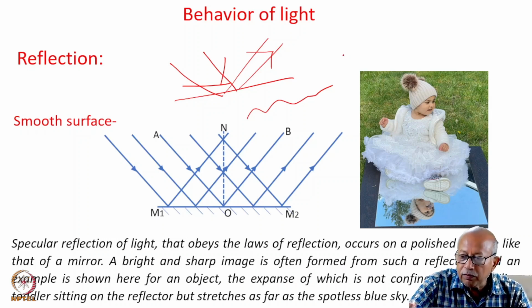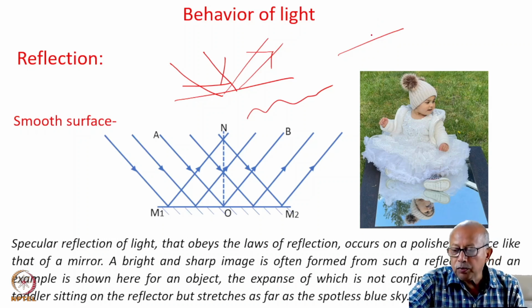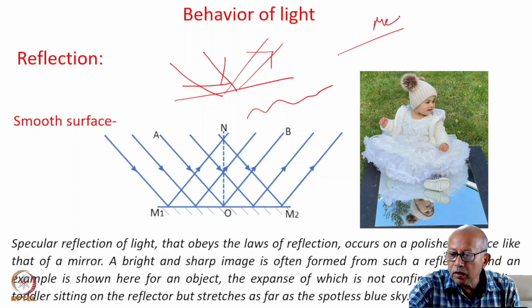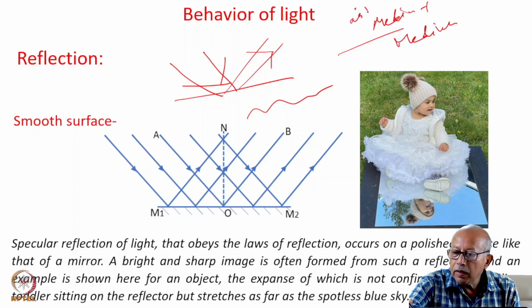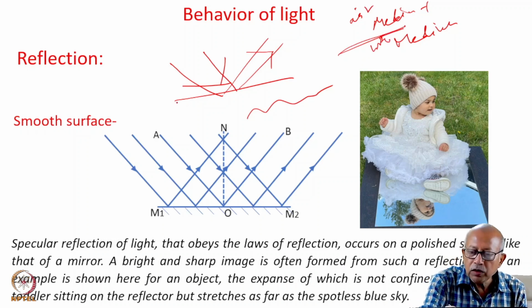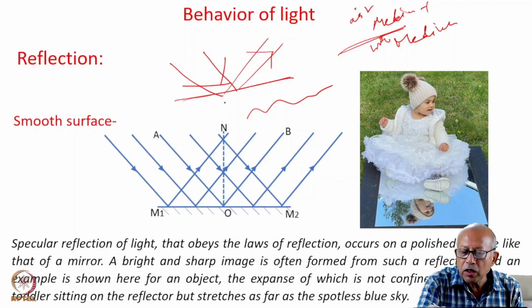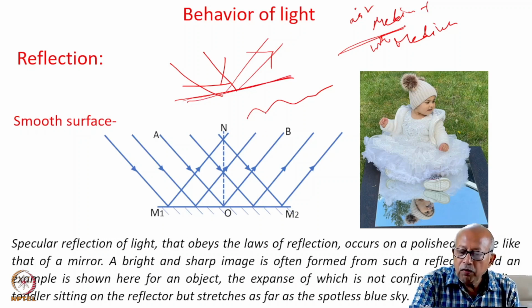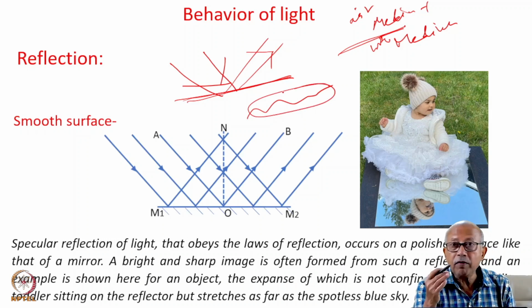And the third is an interface which separates two optically transparent media, medium 1 and medium 2, which could be air and water or air and glass. So reflection from such an interface, reflection from a very plain and smooth surface, and reflection from an irregular surface. Such surfaces are plenty.